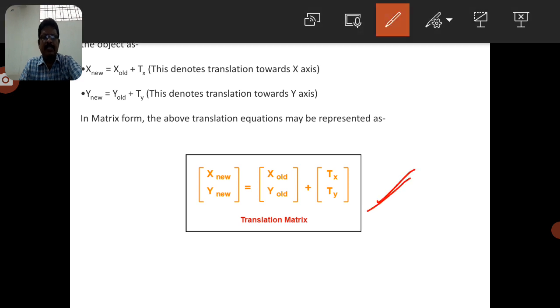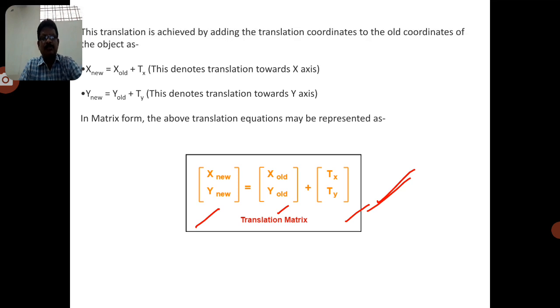So x new, y new equals x world, y world plus tx, ty. So we add the x world distance plus the translation distance, then we can derive the new distance of the object, that is x new and y new.